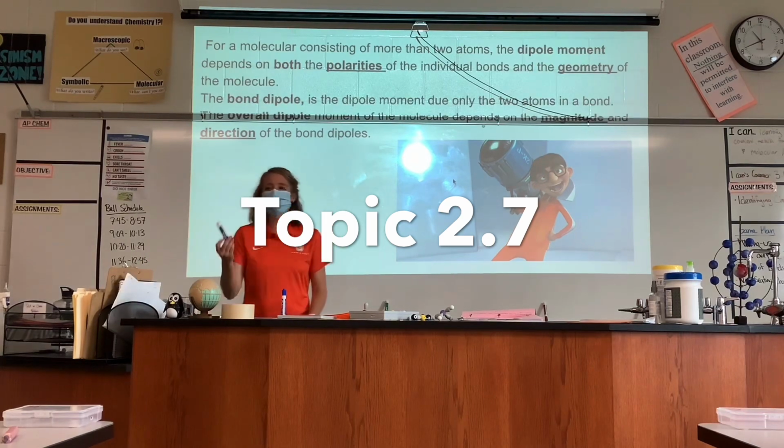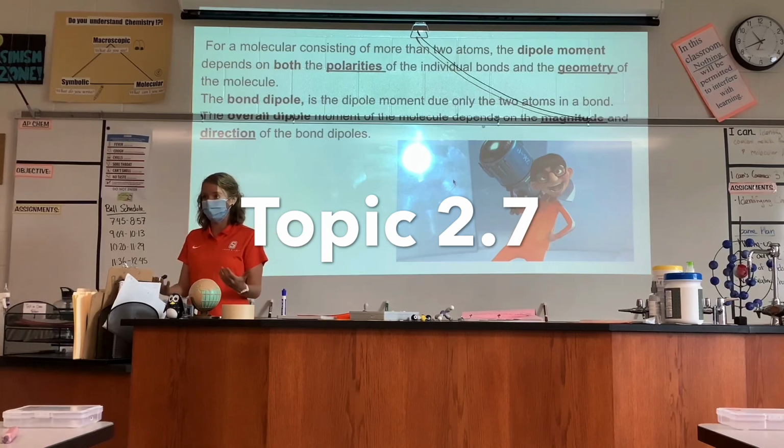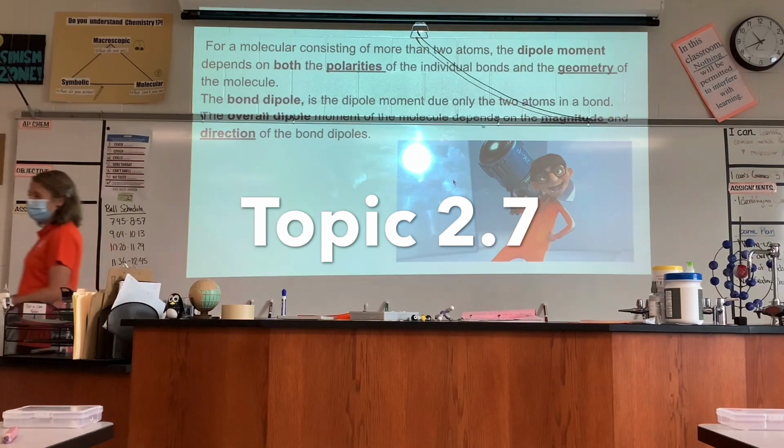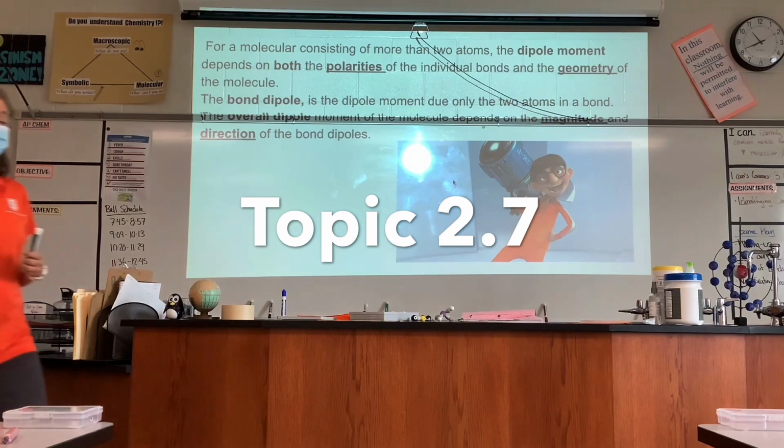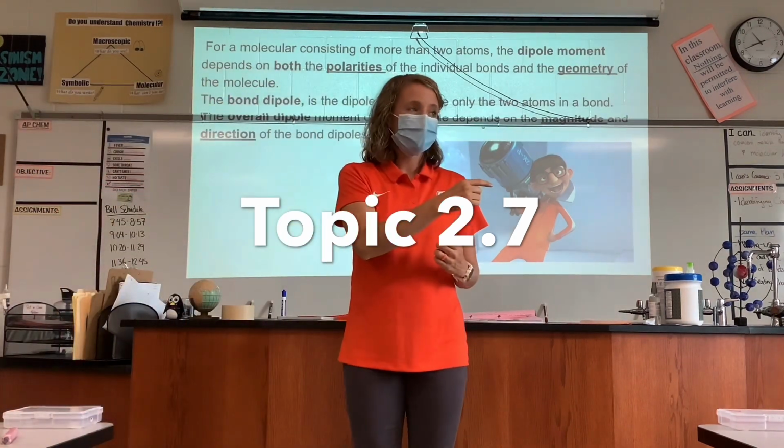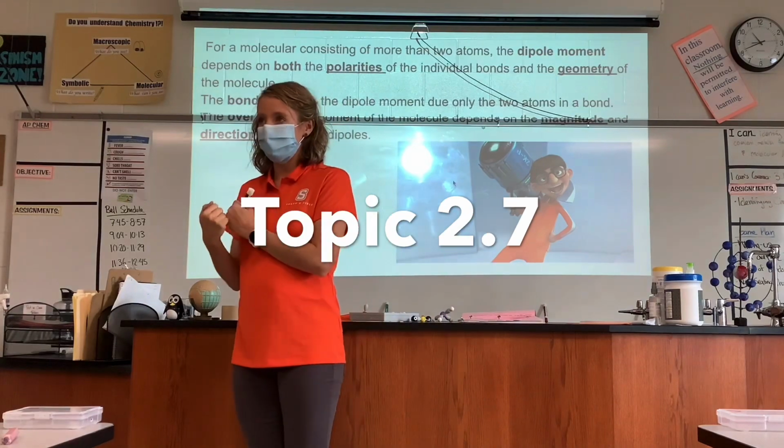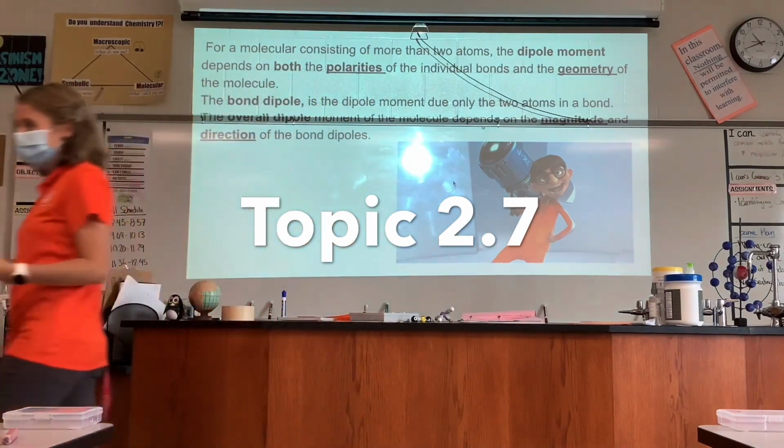A vector is something with direction and magnitude, and polarity is a vector. So when we look at polarity, we got to look at both of those things. You have to look at the direction the electrons are being drawn, and how strongly they're being pulled. So that's the magnitude side.